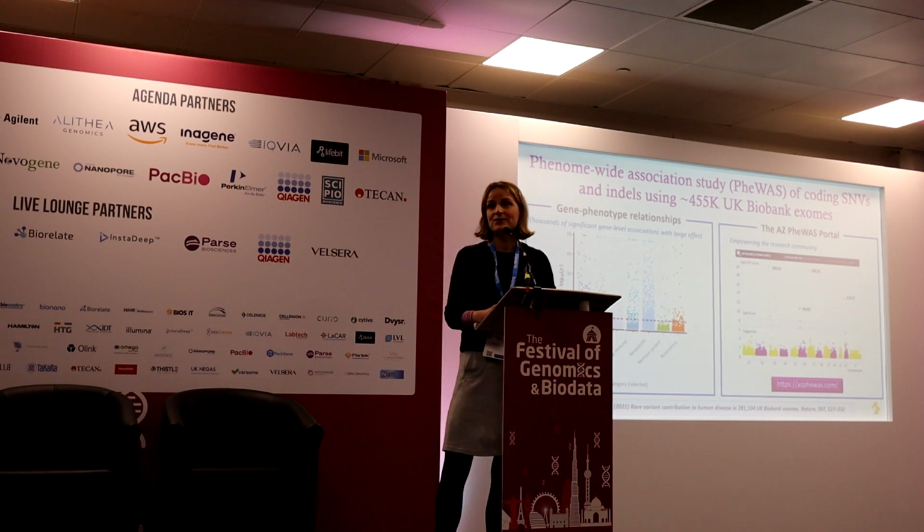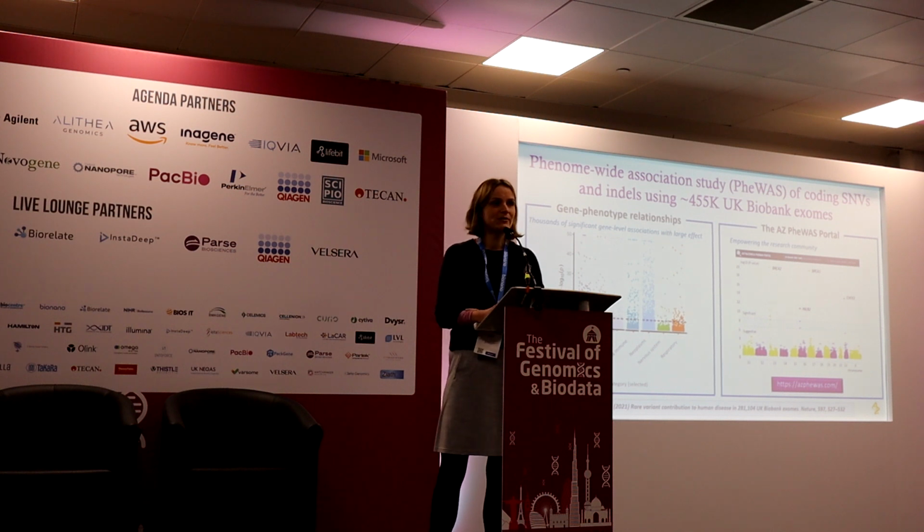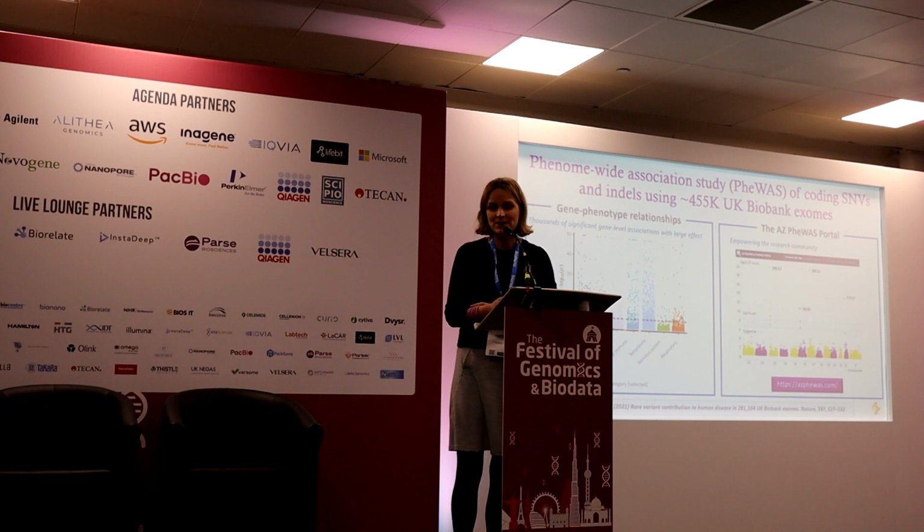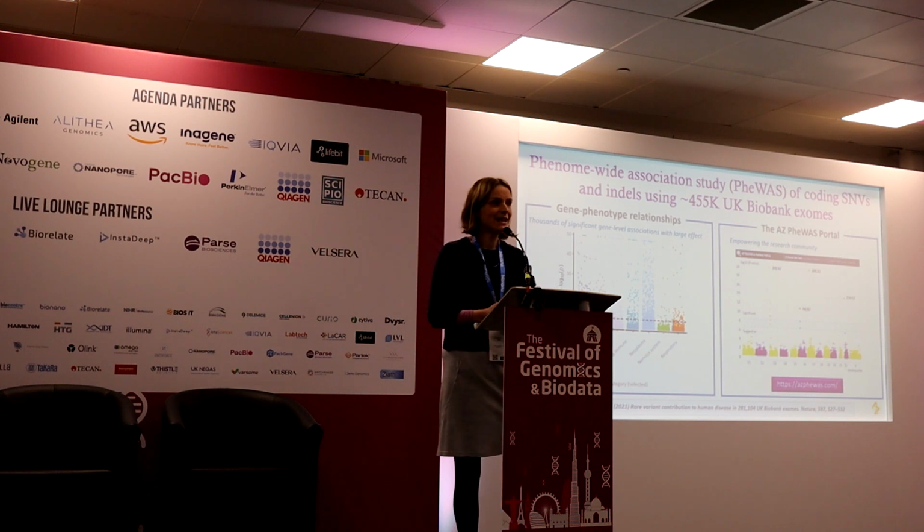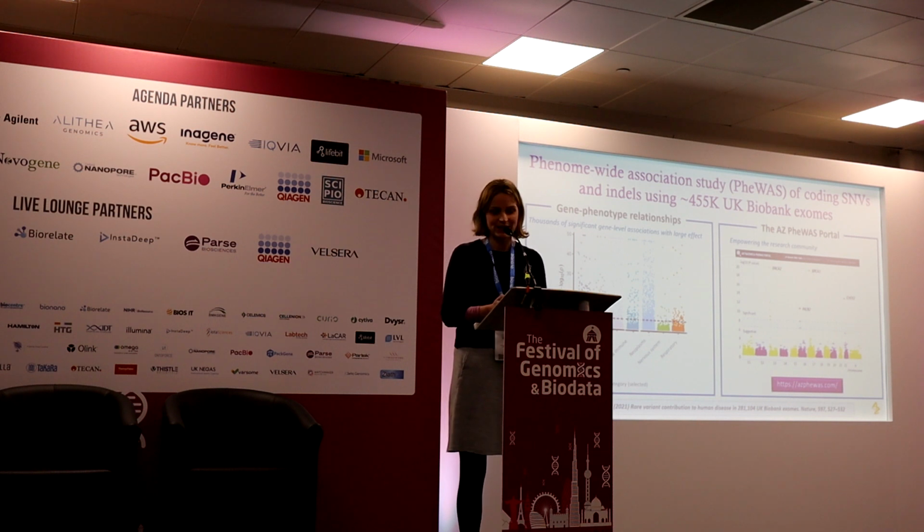We have made these results freely available to browse and download at this website, azphewas.com, in the hopes of empowering and giving back to the research community. This screenshot shows the gene-level results for rare variation and how they are associated with germline cancer predisposition. And you can see that this analysis is able to highlight 4 well-known breast cancer predisposition genes.